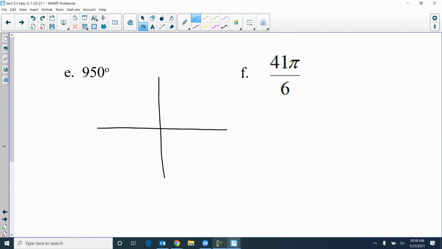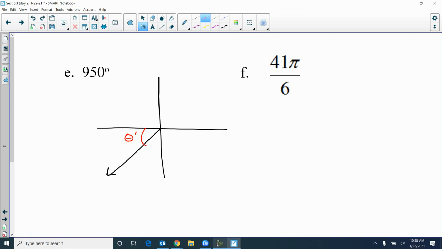Okay. All right. 950 minus 360 minus 360 is 230, right? That's the coterminal angle. Now, that's in quadrant 3. The reference angle will be right there. For quadrant 3, you take the angle minus 180.